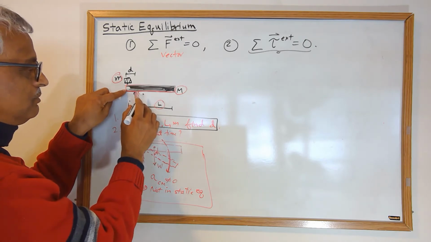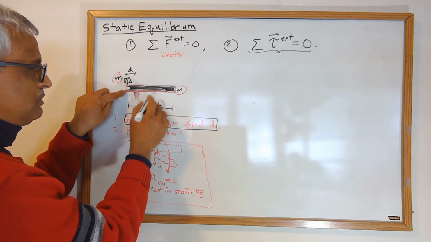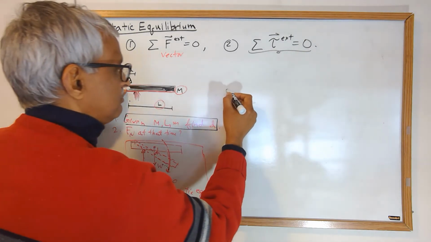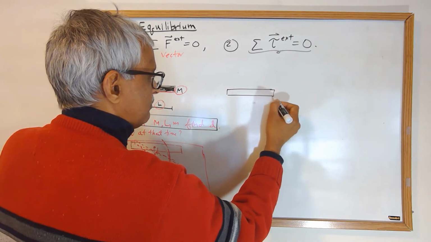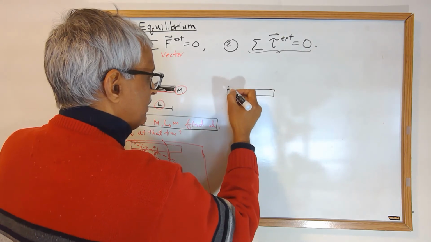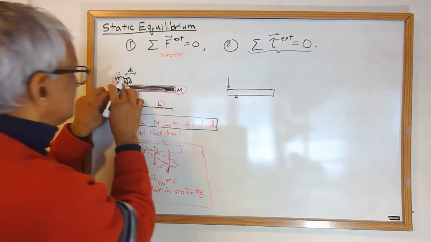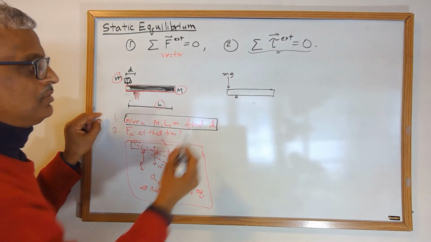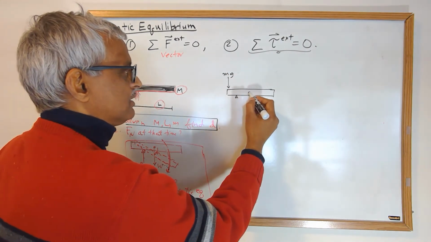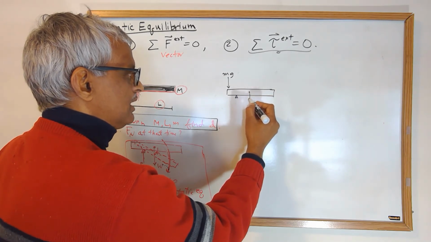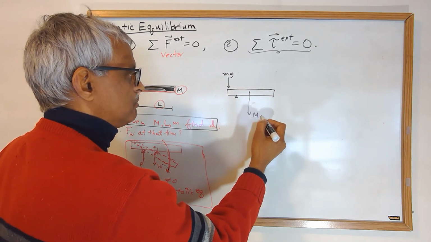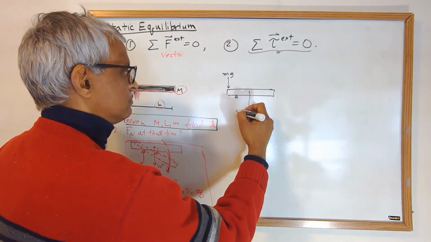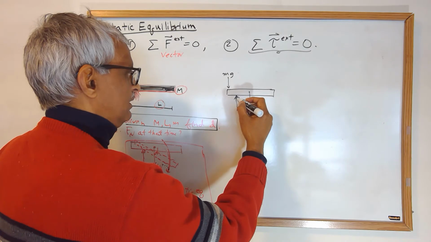From this picture, my physics intuition says the weight of this block, little mg, will act on the board at that point, the gravity of the board will act at the center, and the normal force will act at the support.